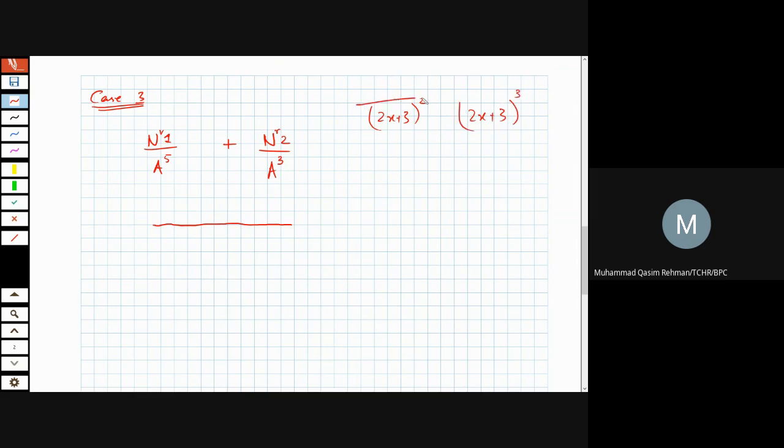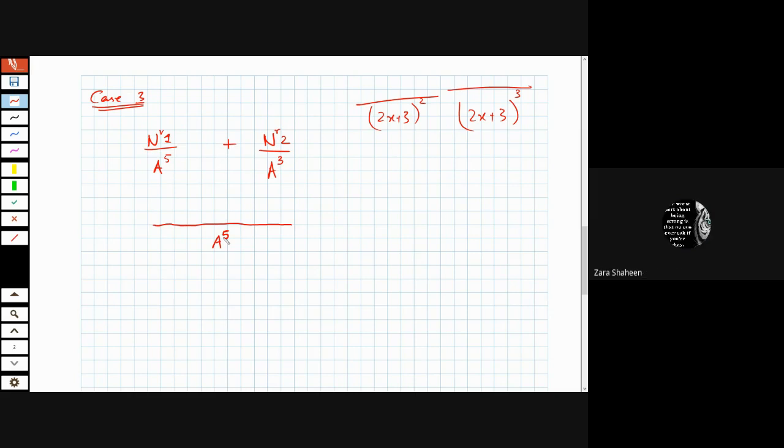This is the idea I'm trying to explain. Whenever you have this case, the one with the highest power will come down as an LCM.